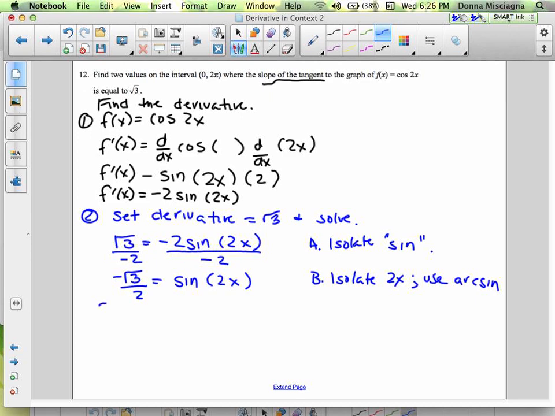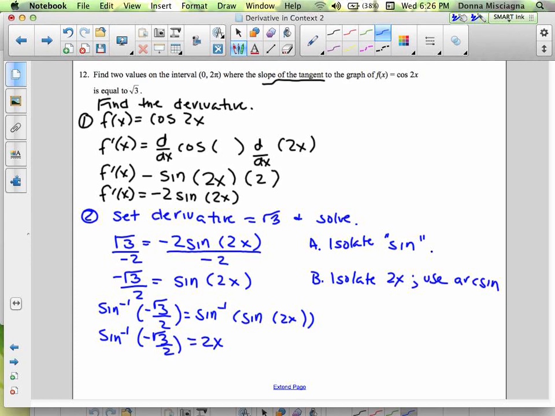So we've got arcsine of negative square root of 3 over 2 equals arcsine of sine 2x. On this side we have arcsine of negative square root of 3 over 2. Arcsine and sine are inverses, so that isolates 2x.